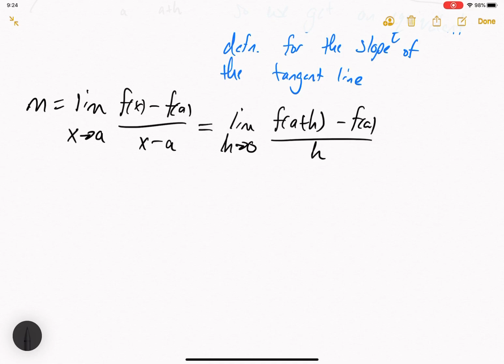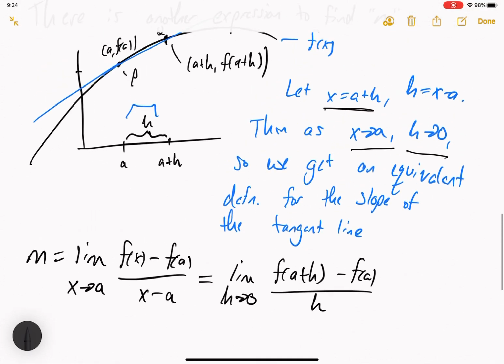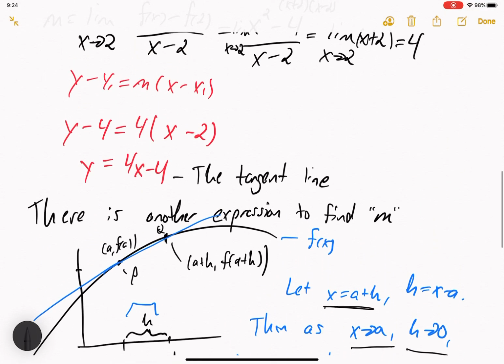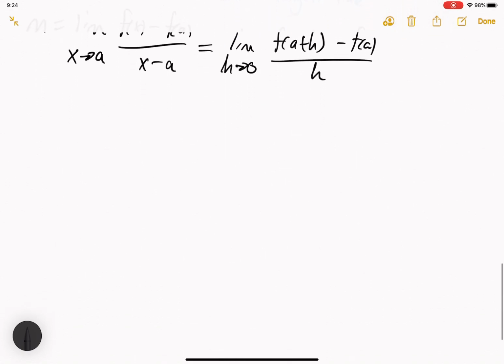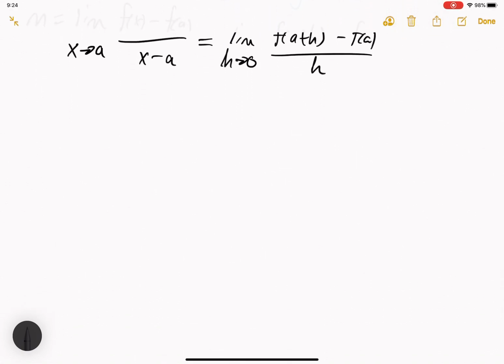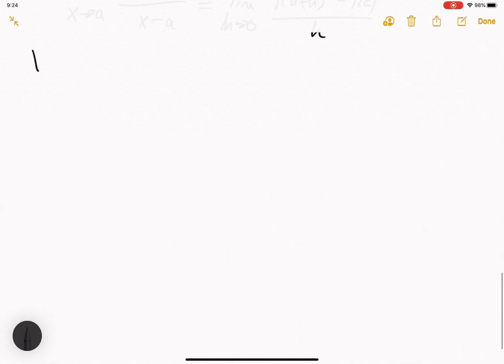All right, so now we need to talk about rates of change. Whenever we talked about tangents, we talked about instantaneous velocity, and also average velocity. So remember, just a quick review.